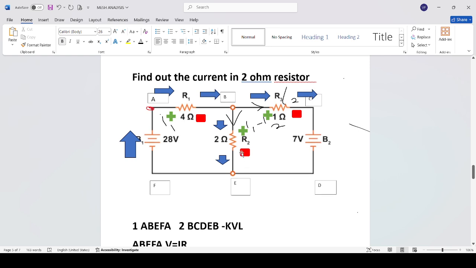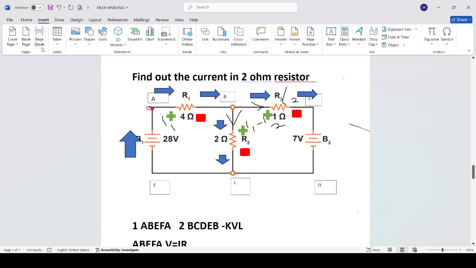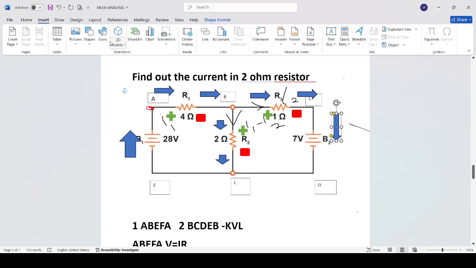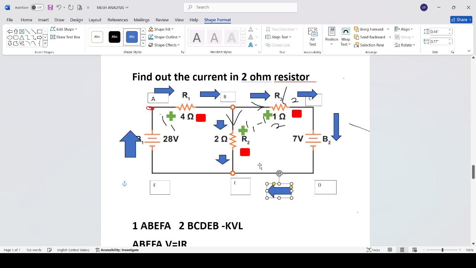Again I'm coming here. It is minus to plus now. So I'm flowing through this circuit, the current is flowing like this, then again downwards, and then the current is flowing in the upward direction.